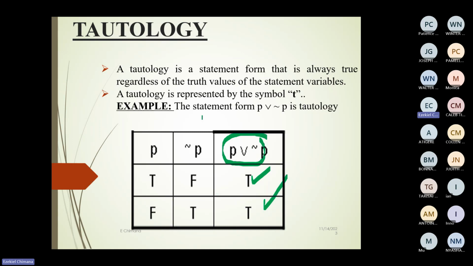So the statement P or not P is a tautology because all the values here are true.